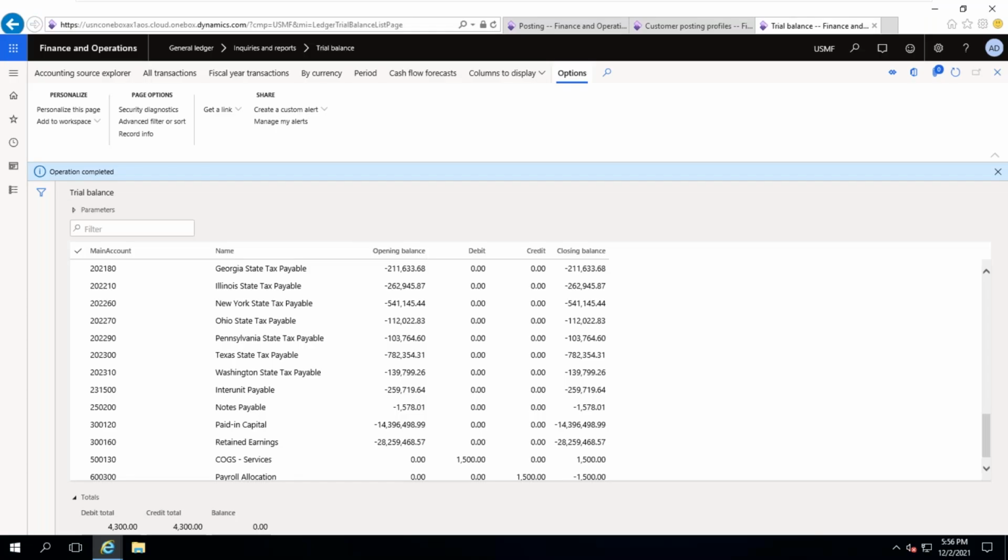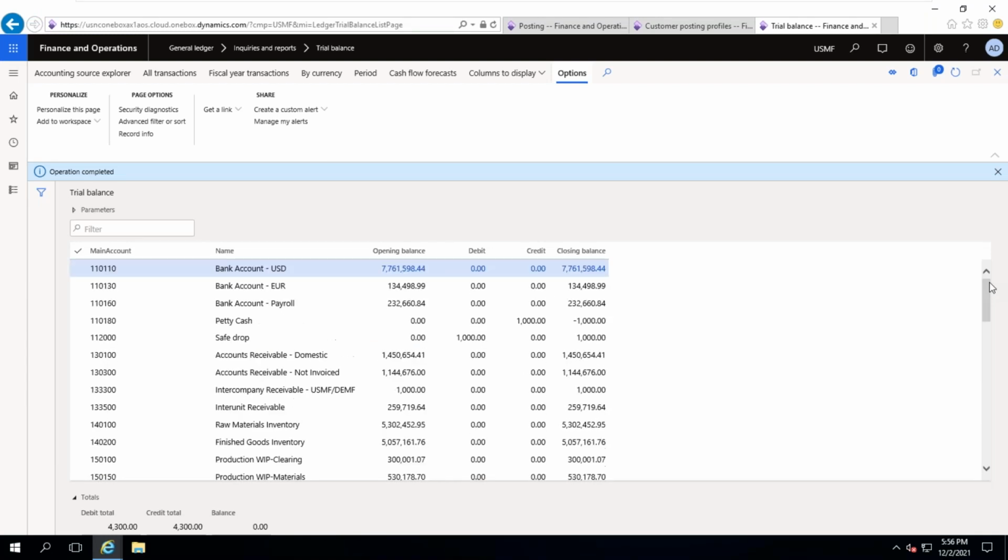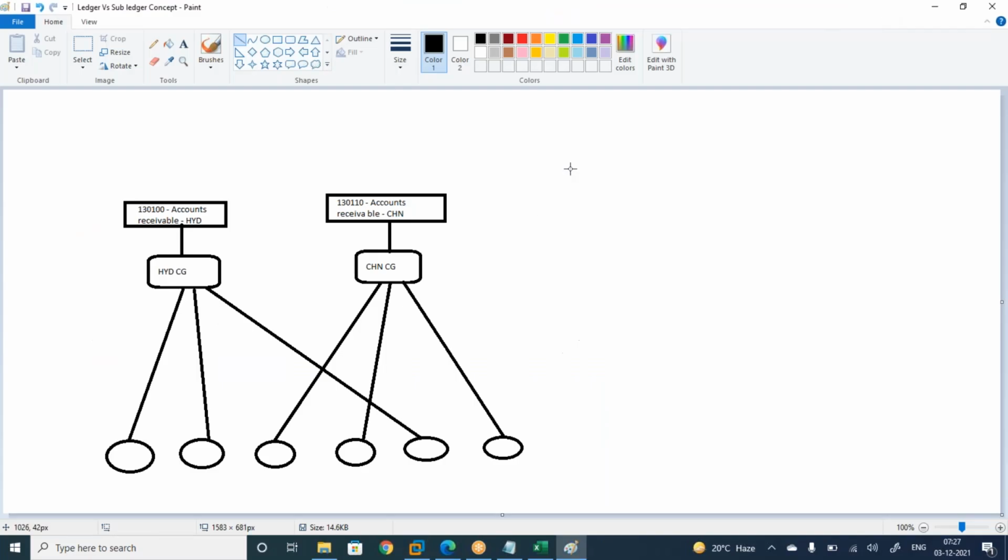Understand? Here it will show you Accounts receivable 130100 domestic, all domestic balances. Another one, suppose Accounts receivable international, will show all those balances. So I can combine these 3 or 4 and see the total customer balances, rather than creating customer balances one by one.